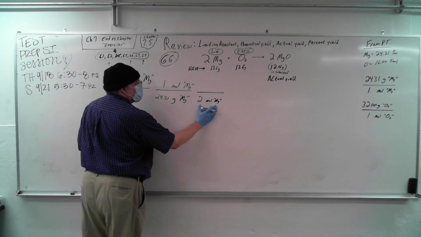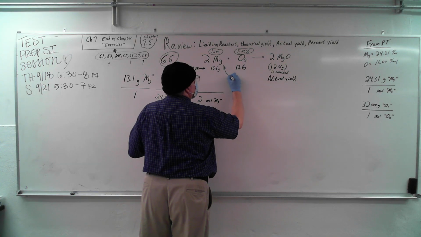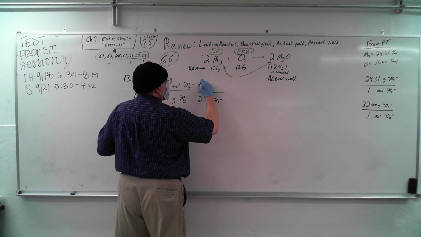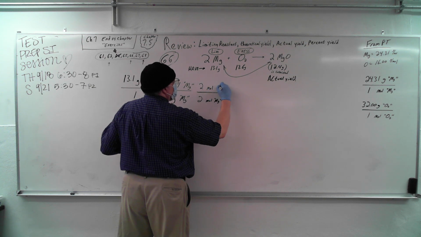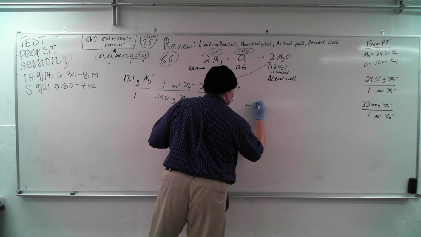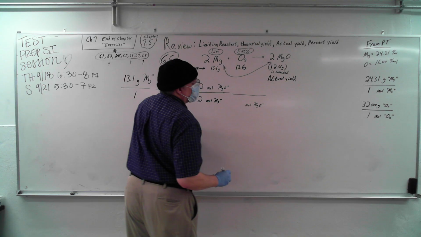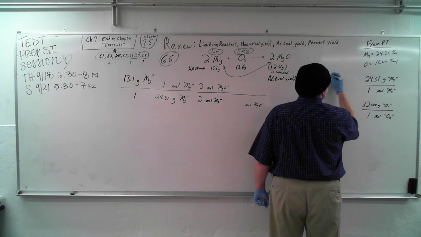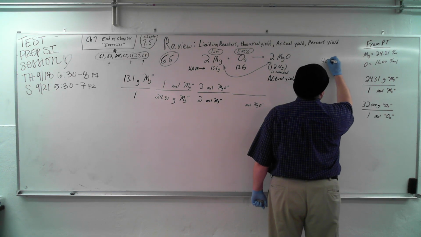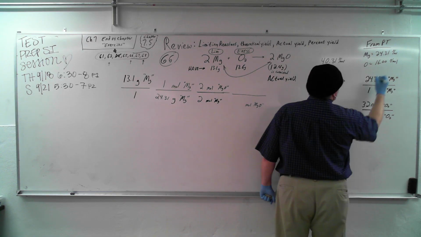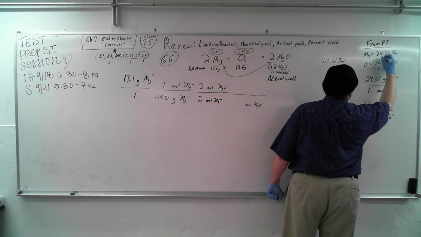But now the molar ratio is going to be between the limiting reactant and the product. So I've got 2 moles of Mg and 2 moles of MgO. And that means I'm going to have moles of MgO down here. I haven't calculated it yet, but MgO is just 24.31 plus 16.